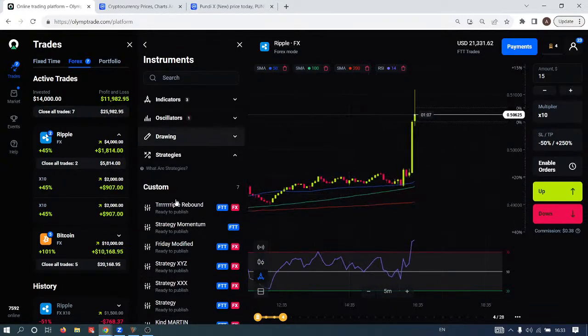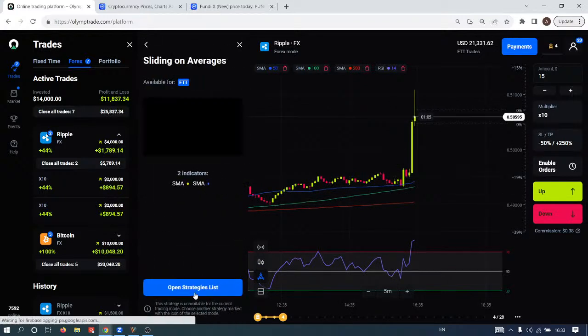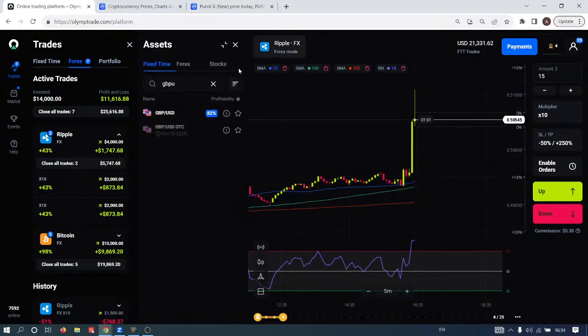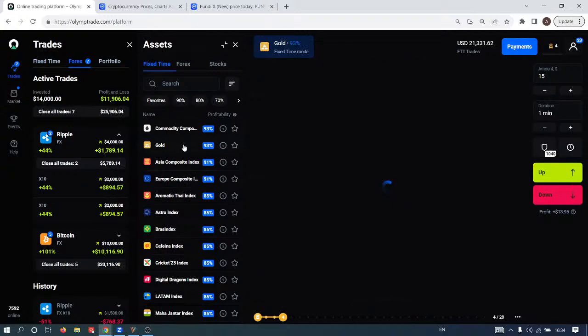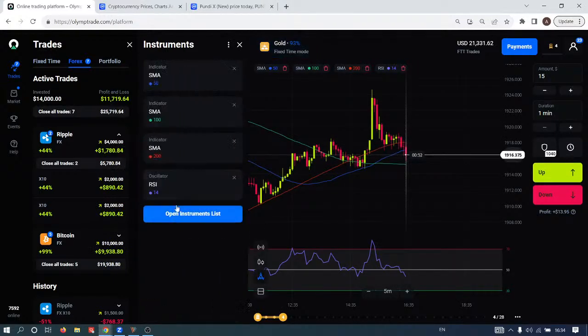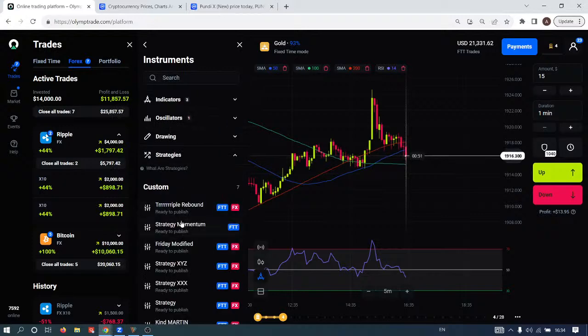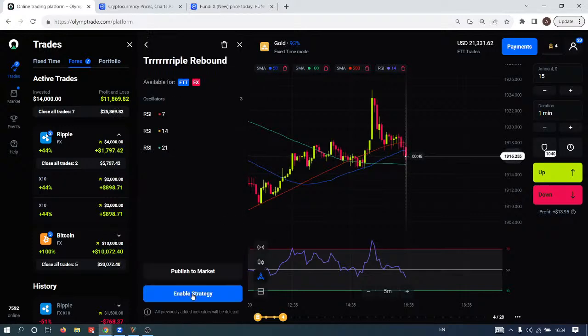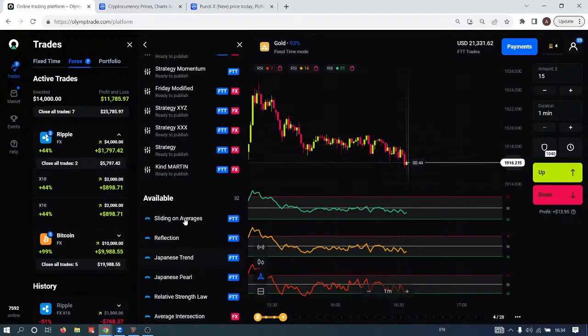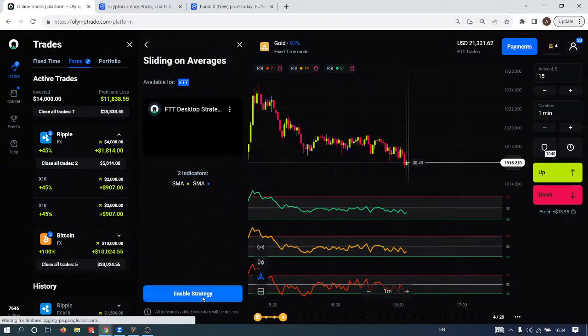All you need to do is, where is it? Oh, it's not available in Forex, right? I have to go back to FTT mode of trading. So all you need to do with this strategy is sliding on averages.